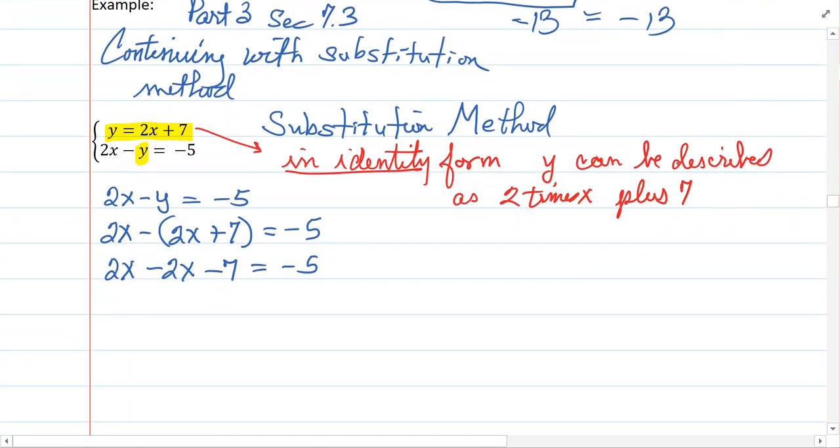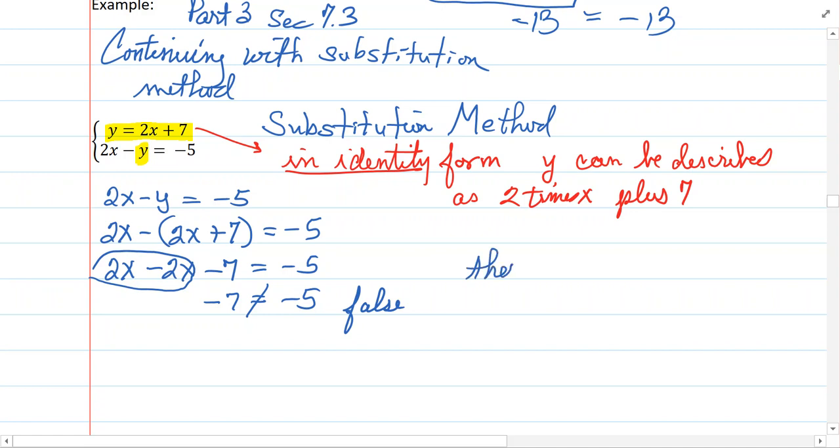Now I'm going to combine like terms. Well, we've got a problem here, Houston, because 2x minus 2x is 0 x's. So I have a -7 equal to a -5. That is false. Had it been true, we'd have had all solutions, but this is false.